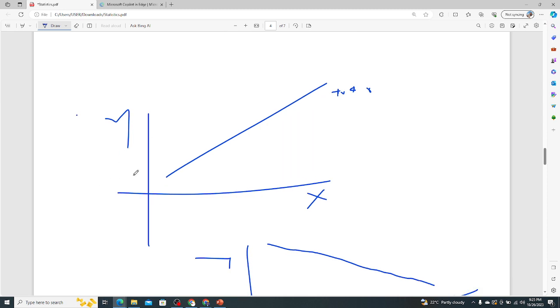Why am I saying it's positive? Because as x increases, you can see so does y.